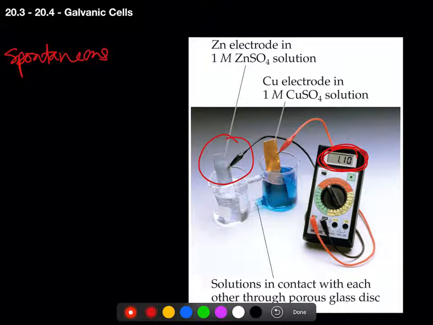Then those electrons finish their journey over here, where they are allowed to do the reduction process. So it's the same exact reaction, we're just setting it up differently so we can utilize those electrons on the way to doing whatever they were going to do anyway.